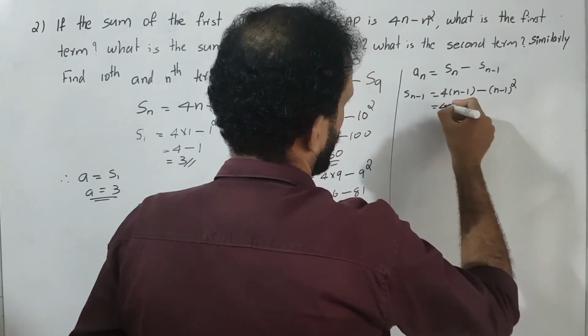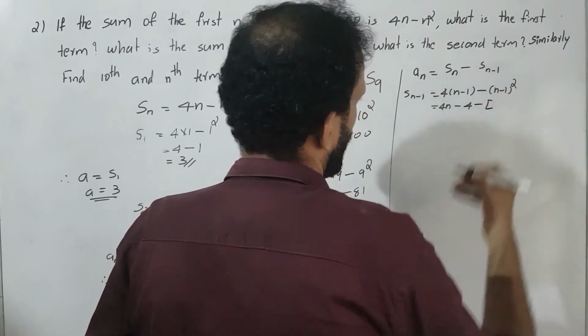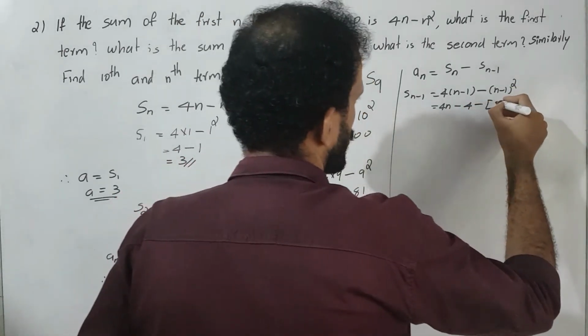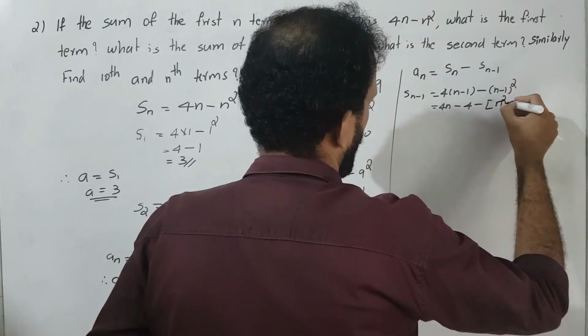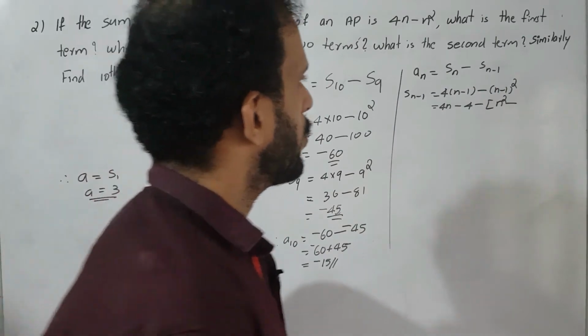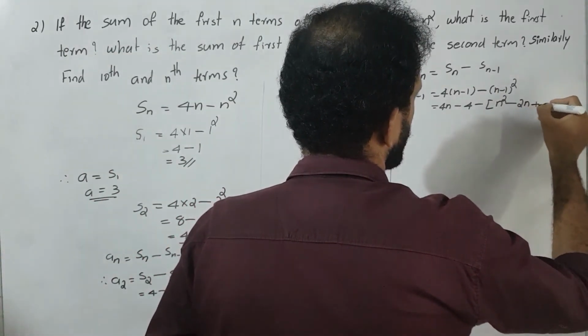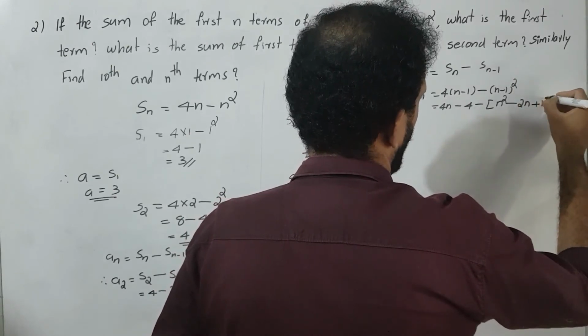Then 4n minus 4 minus, this is a minus b whole square, so a square means n square, minus 2ab. 2ab means 2 into n into 1, which is 2n, plus 1 square. 1 square is 1.